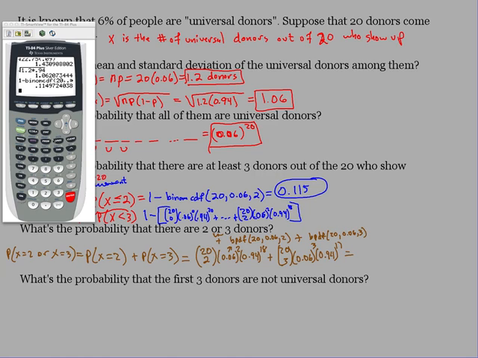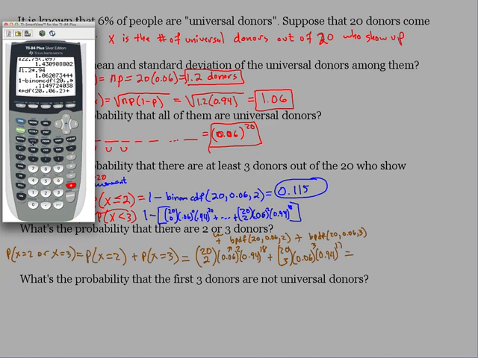So to get this, I'm just going to do the same thing as up here, which is stat, second bars, go up to PDF. You don't have to find these individually and then do them. You just do it all in one line. So it'd be 20, comma 0.06, comma 2. Close it.